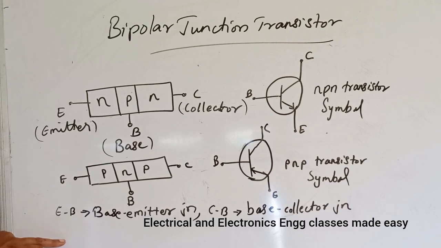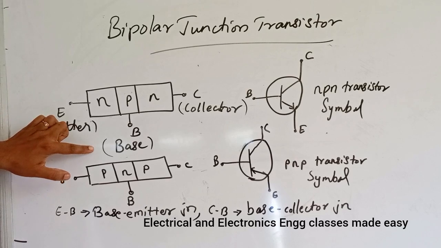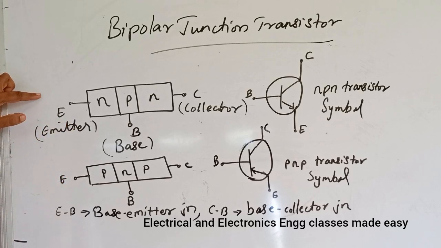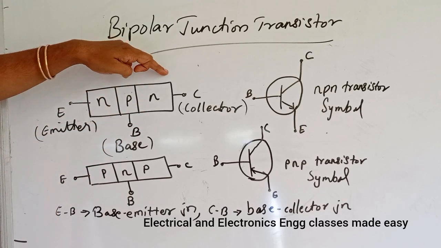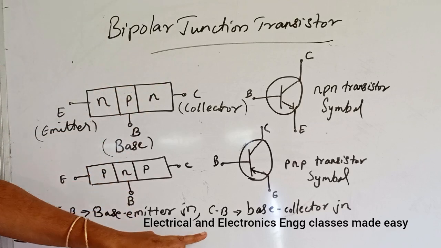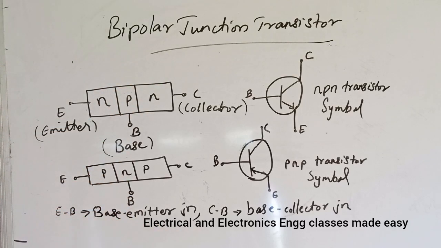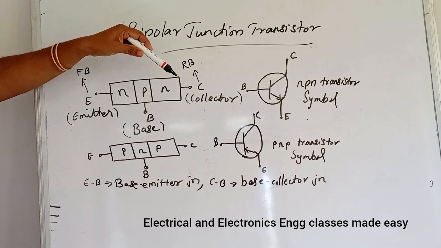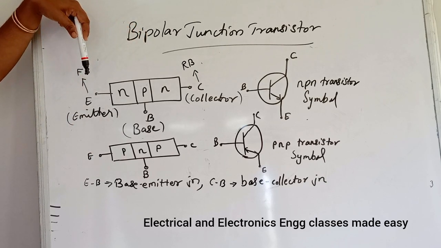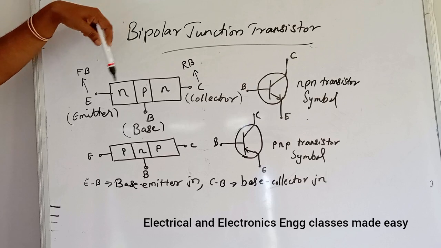The PN junction joining the base region and the emitter region is called the base emitter junction, and the PN junction joining the base region and the collector region is called the base collector junction. So a transistor has three doped regions: emitter, base and collector, and all these regions are provided with terminals.